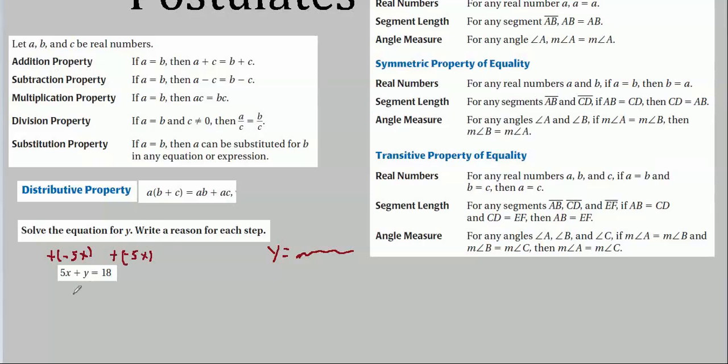That leads to y equals 18 minus 5x. That's the great thing about arithmetic with variables. There's not much left to say other than 18 minus 5x is 18 minus 5x. Done. That's about all there is to it. And that's what you do whenever they say solve for y.